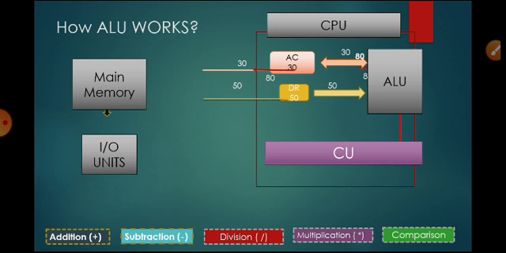As we have to perform addition, so addition is selected. ALU performs the addition and sends back the results to the AC. The results are always saved in the accumulator register. Yes, the result is sent to the AC and then this result is again sent back to the main memory, and this main memory will send result to the output unit.